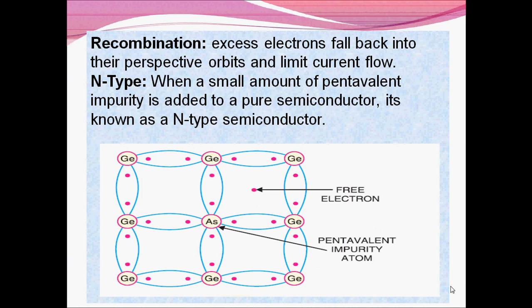N-type semiconducting material. When a small amount of pentavalent impurity is added to a pure semiconductor, it is known as an N-type semiconductor. From the below diagram, we can see a pentavalent impurity, arsenic, added into a pure semiconductor, germanium, and one free electron we got here.